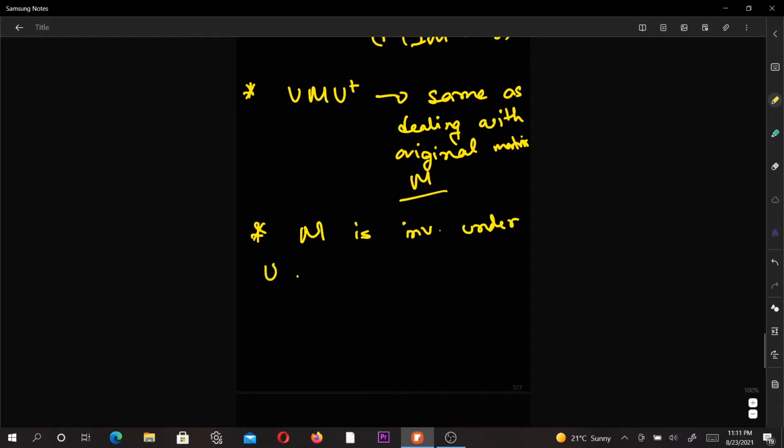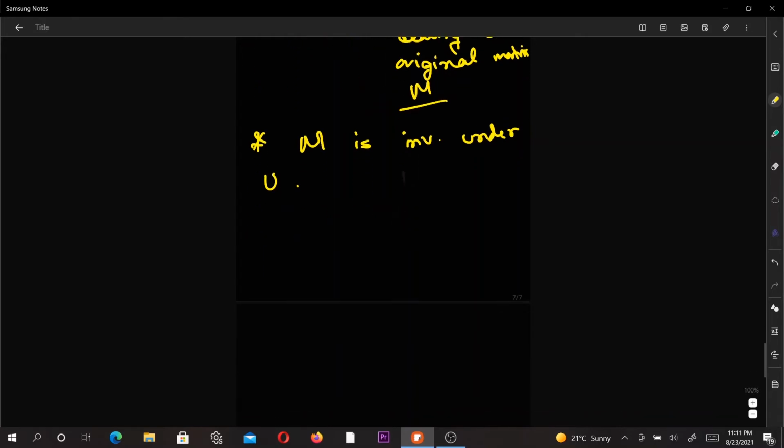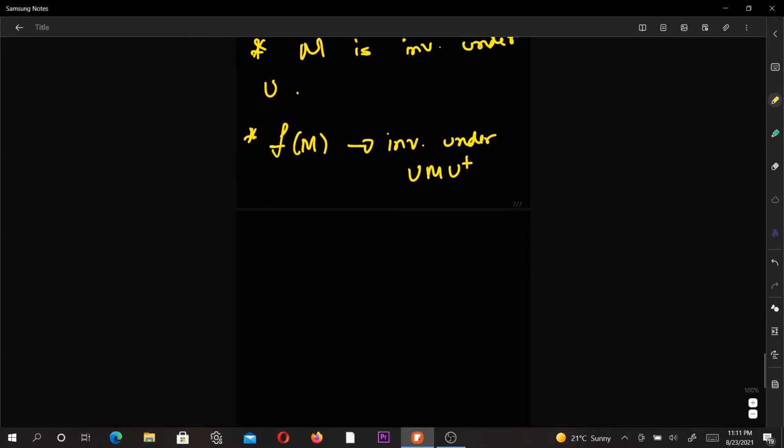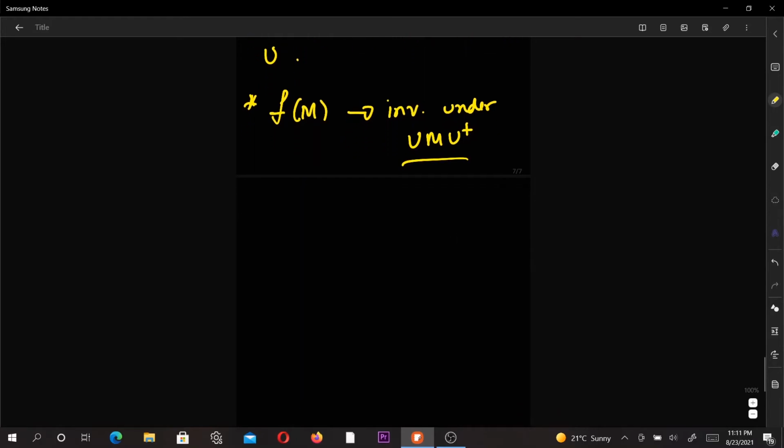In a similar fashion, f of M is invariant under U M U dagger. You can check for yourself, for example, take the Gaussian and check if it's invariant under this conjugation. It surely is.